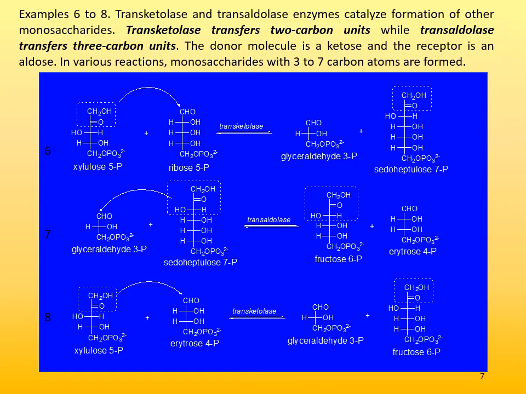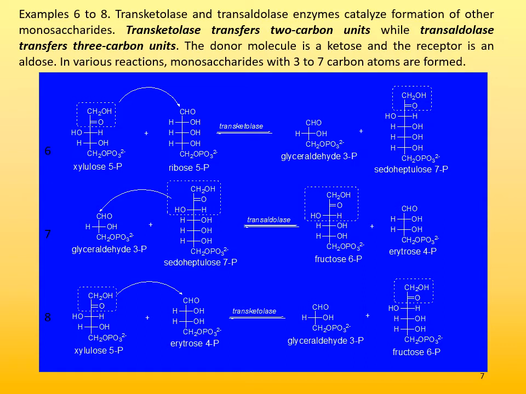In example 7, glyceraldehyde 3-phosphate, therefore an aldose, is the acceptor, and pseudoheptulose 7-phosphate, product of the previous reaction, a ketose, is the donor. Since a 3 carbon unit is donated, the reaction is catalyzed by transaldolase.